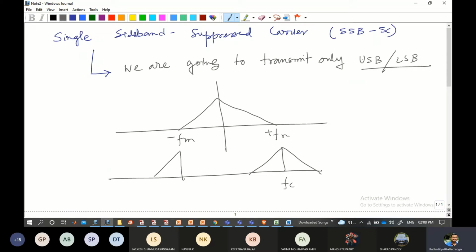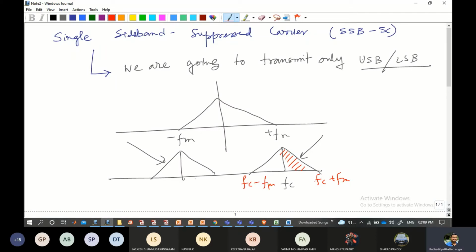I'm drawing it approximately. The observation is that this portion and this portion are symmetrical in nature. So ideally, if you are sending the upper sideband, which is this part, because this is Fc plus Fm, and this part is Fc minus Fm.